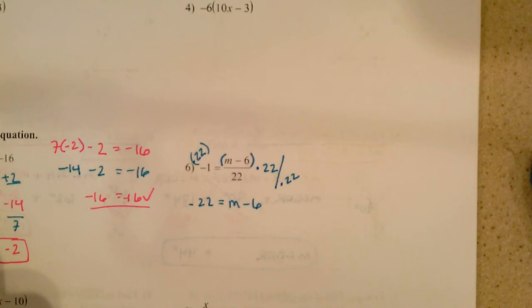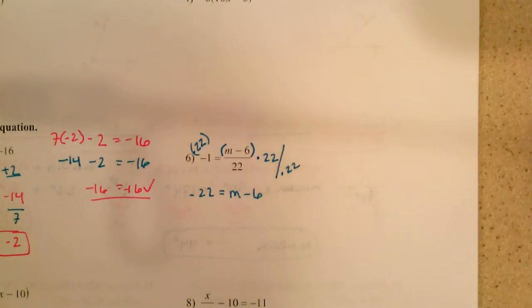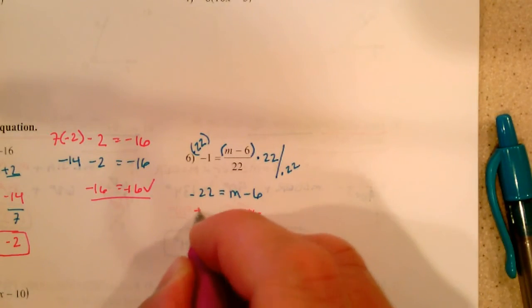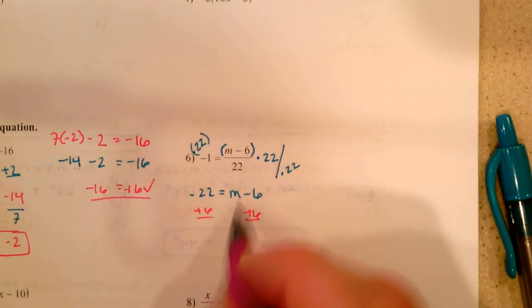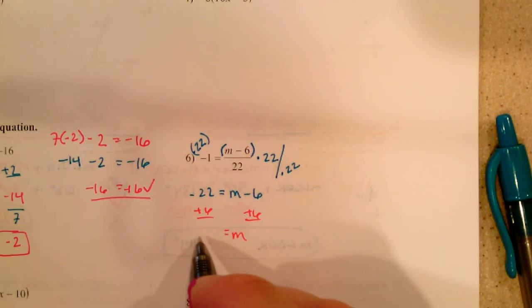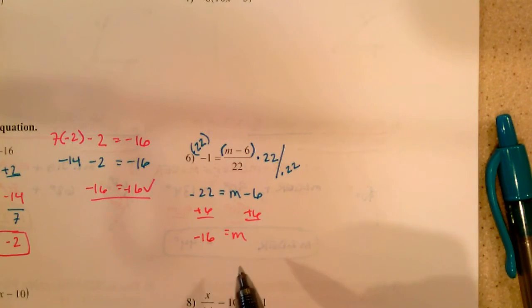So we have negative 1 over here, and over here we have m, which is negative 16 minus 6 over 22. So following our order of operations, we have negative 16 minus 6, that's negative 22 over 22. And then negative 22 divided by negative 22 is negative 1. So check. We've done it correctly.